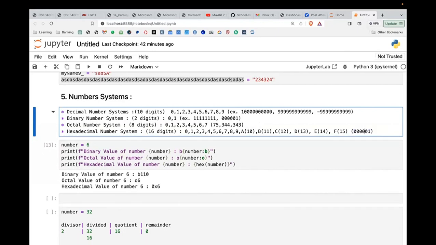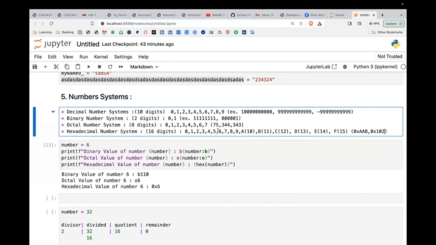Always remember hexadecimal is represented with a 0x. 0x is the way of representing any hexadecimal value. After that you can write ABB, AAB, something like that. 0x101 is also a hexadecimal number.